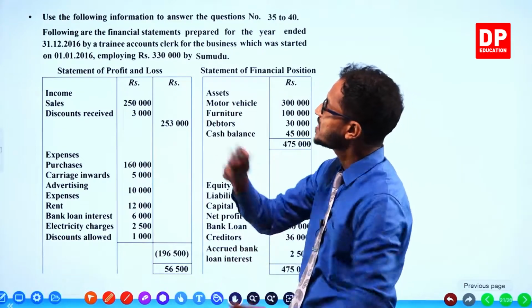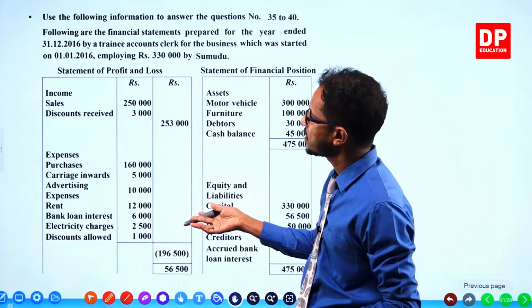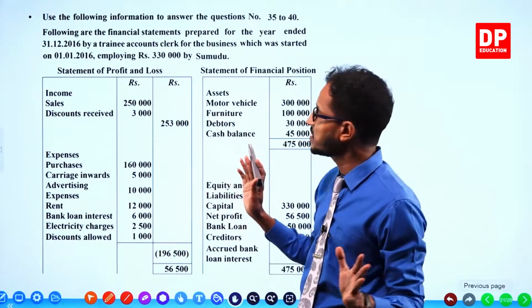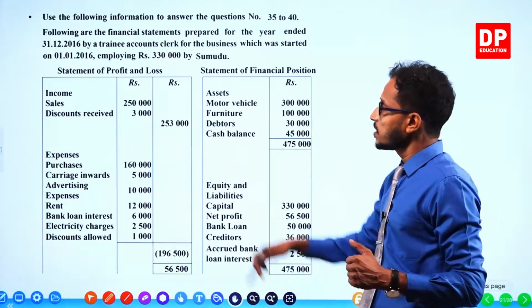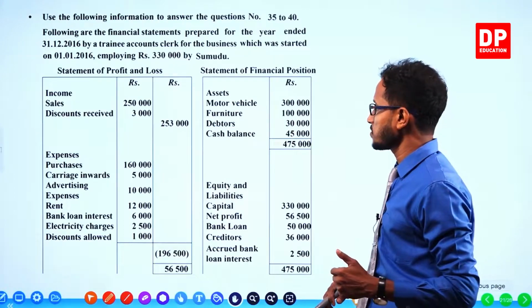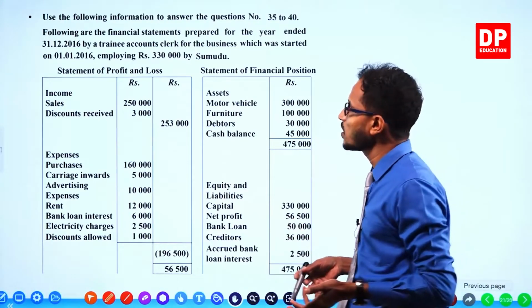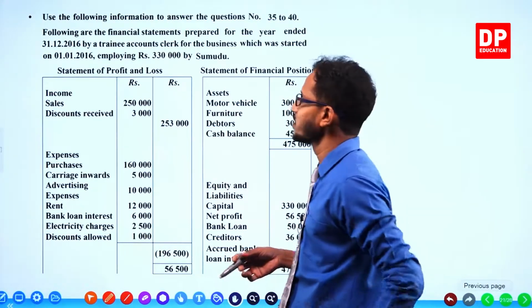Now here in this paper, it's not a trial balance. They have given a full set of financial statements. The profit or loss and the statement of financial position are also given. Let's see what we have to do.